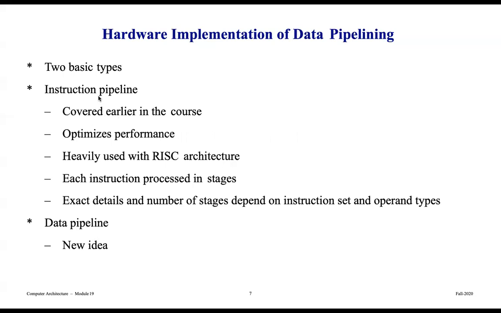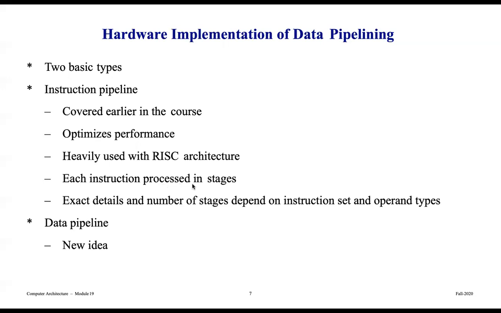The instruction pipeline was covered early in the course, and the goal is to optimize performance, and it's used heavily with RISC architecture. We talked about some examples of processors that fall into that. Reduced instruction set computing; the MIPS architecture is an example of that.